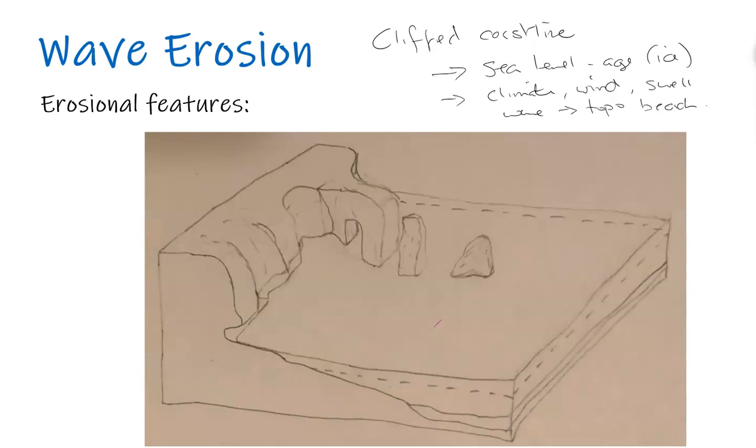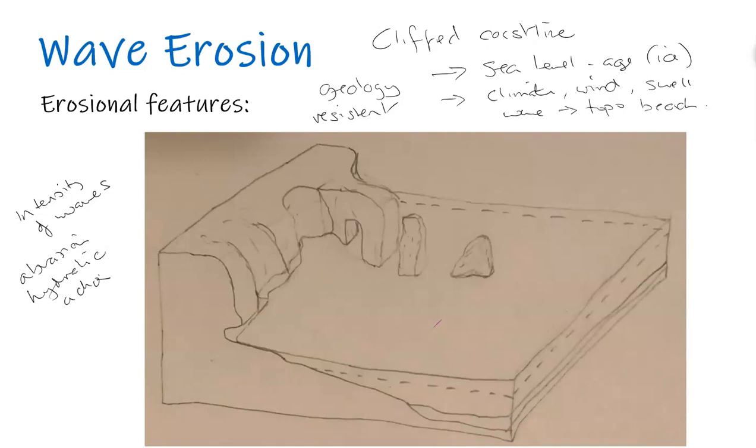We're looking at the geology of the rock in terms of how resistant it is to the wave action, the intensity of the waves, and any abrasion and hydraulic action, with material being pushed and forced against the cliffs.